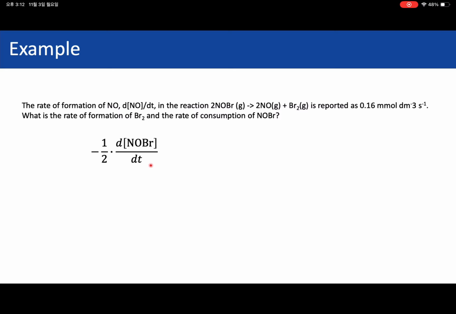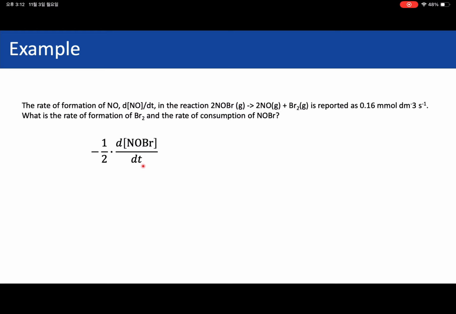Let's first see the rate of consumption of the reactant, NOBr. We have d[NOBr]/dt here, and since this is a reactant, it has a negative sign because its concentration is going down, and its stoichiometric coefficient is 2, so we have 1/2 multiplied in front of it.